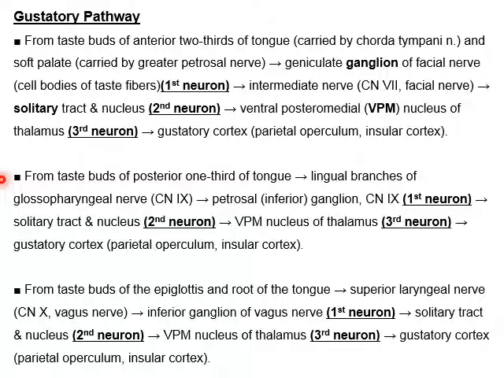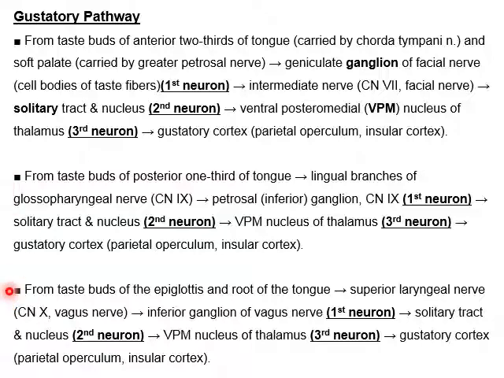From it, it reaches the solitary nucleus and tract, the second order neuron. From it, it reaches the ventral posteromedial nucleus of the thalamus. That's the third order neuron. From the thalamus, the axons of the thalamic neurons reach the gustatory cortex, which is made by the parietal operculum and insular cortex.